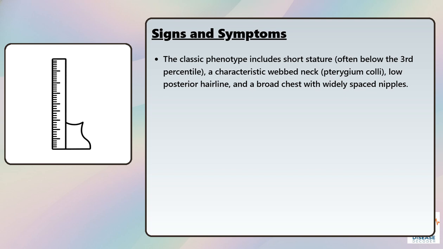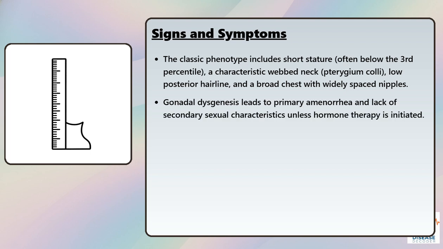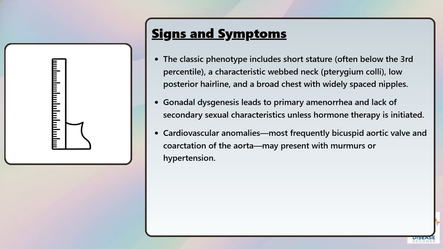The classic phenotype includes short stature, often below the 3rd percentile, a characteristic webbed neck, pterygium colli, low posterior hairline, and a broad chest with widely spaced nipples. Gonadal dysgenesis leads to primary amenorrhea and lack of secondary sexual characteristics unless hormone therapy is initiated.